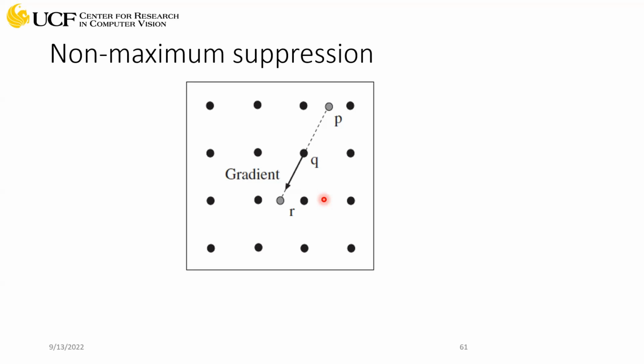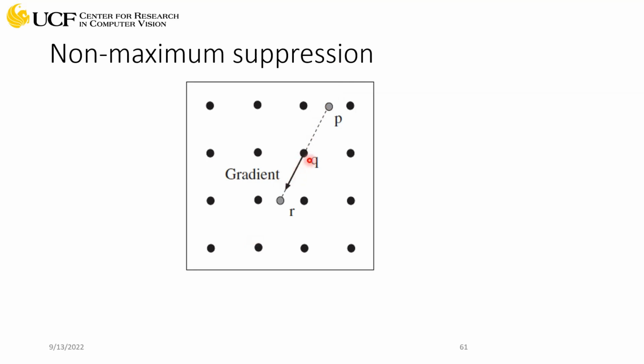Now there is a catch. When you look into the neighborhood, you only look along the orientation of the edge. So if let's say your edge has this orientation, right? You will only look in this direction.